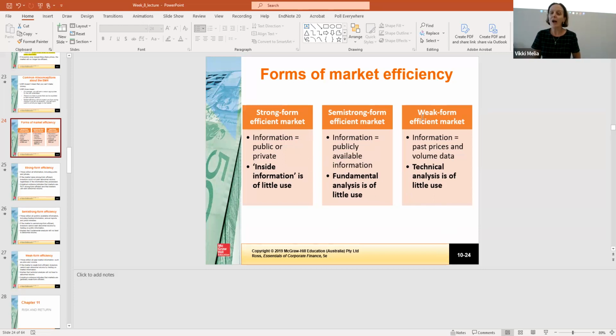And the third type of efficiency is weak form. So we'll have a look at each of those and see what form or type capital markets in Australia would generally fit into. And if a market is strong form or semi-strong form, what sort of information is reflected in the asset prices in the market.